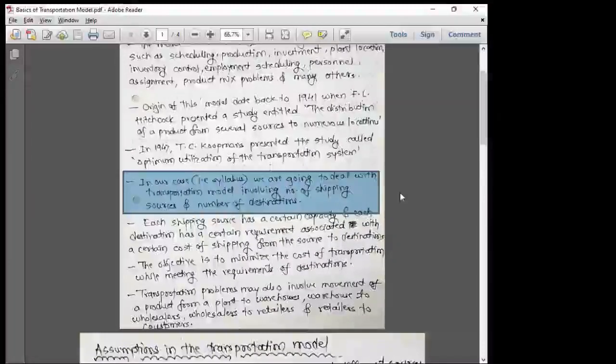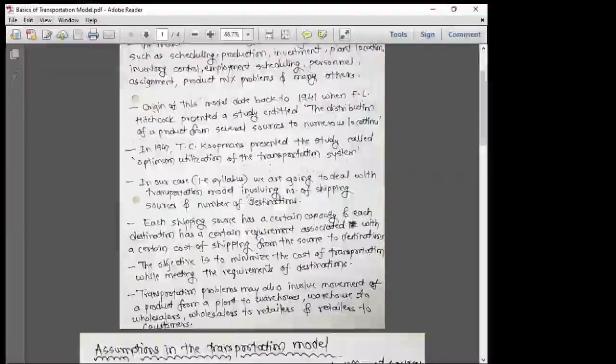And I have used the word destination. That means the shipment or transported material will reach a certain location, and that will be called the destination. So we normally have a number of sources and a number of destinations. We have a single product and we have to deliver it efficiently in this particular model, right?